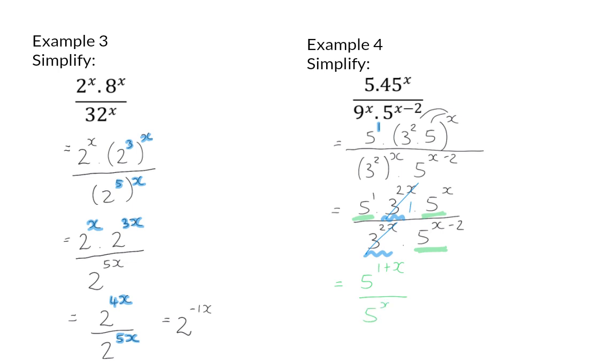When I now divide these two same bases, the law says the base stays the same, and I take the top exponent of 1 plus x, and I subtract the bottom exponent of x minus 2. Now I can simplify that exponent by multiplying in the minus, and once that is done and I simplify the exponent again, I will end with 3 because x minus x is 0. 5 to the power of 3 is 125.